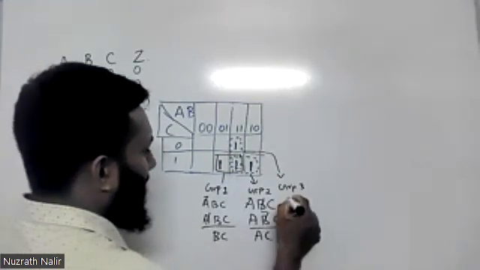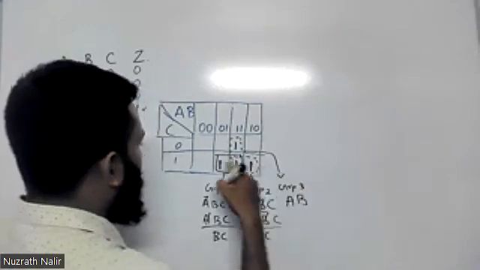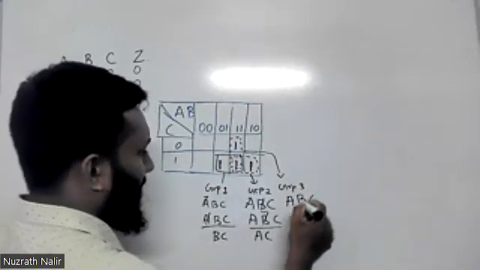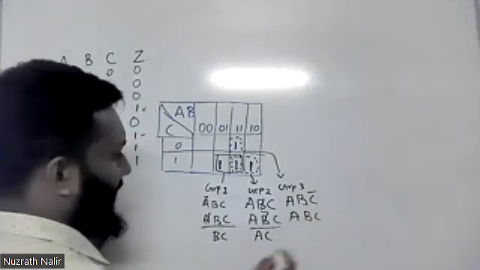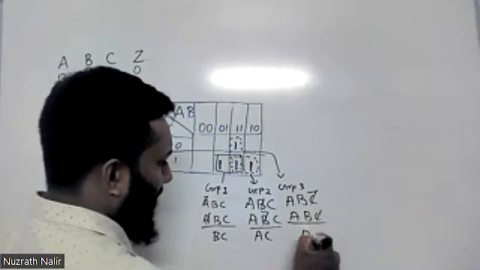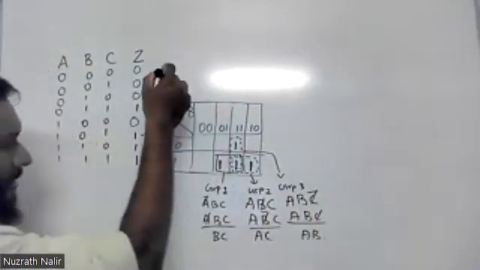For group 3, A, B, and C bar, and A, B, and C. So therefore AB.